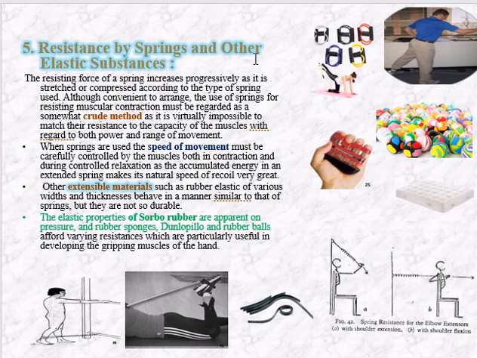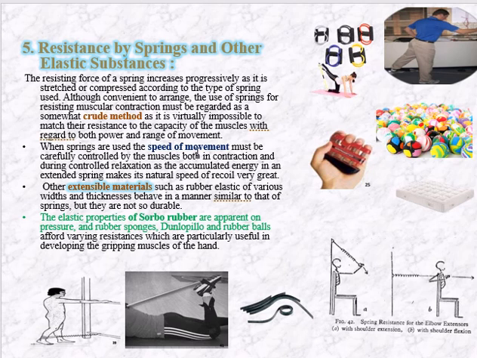Now, resistance by springs and other elastic substances. The resistive force of a spring increases progressively as it is stretched or compressed, according to the type of the spring used. Although convenient to arrange, the use of springs for resisting muscle contraction must be regarded as a somewhat crude method, as it is virtually impossible to match the resistance to the capacity of the muscles with regard to both power and range of movement.